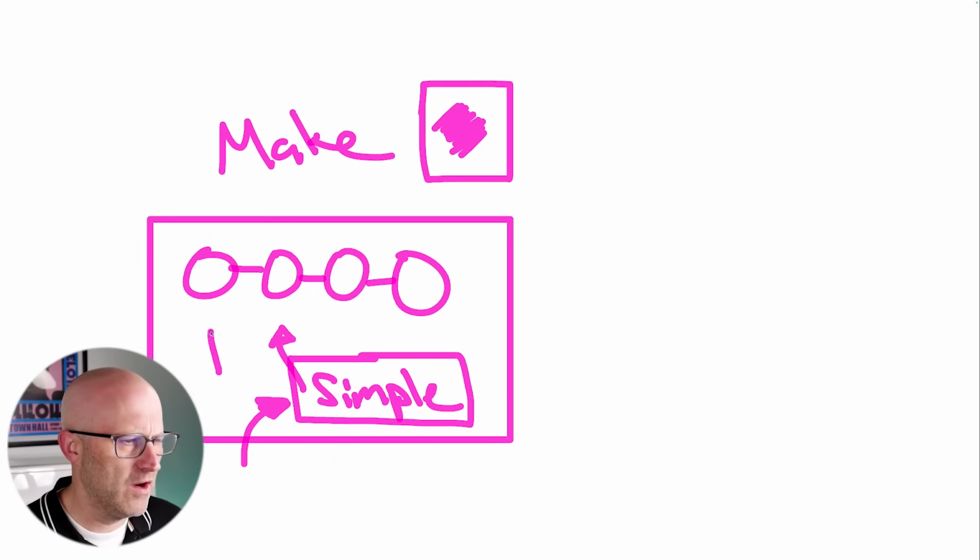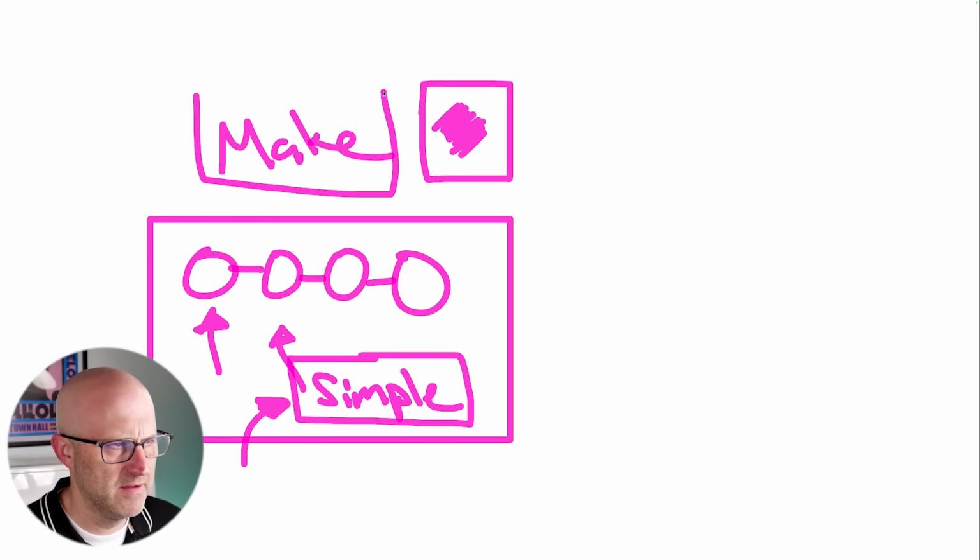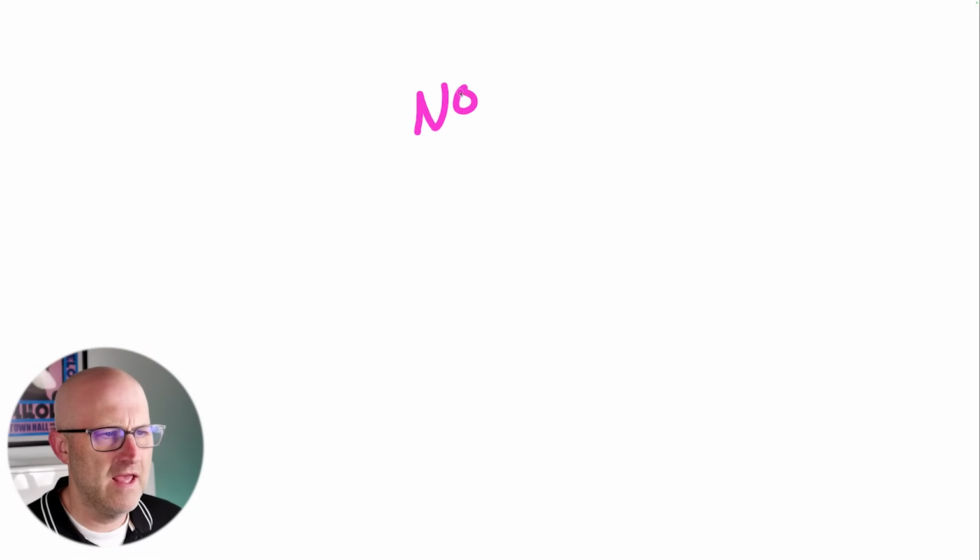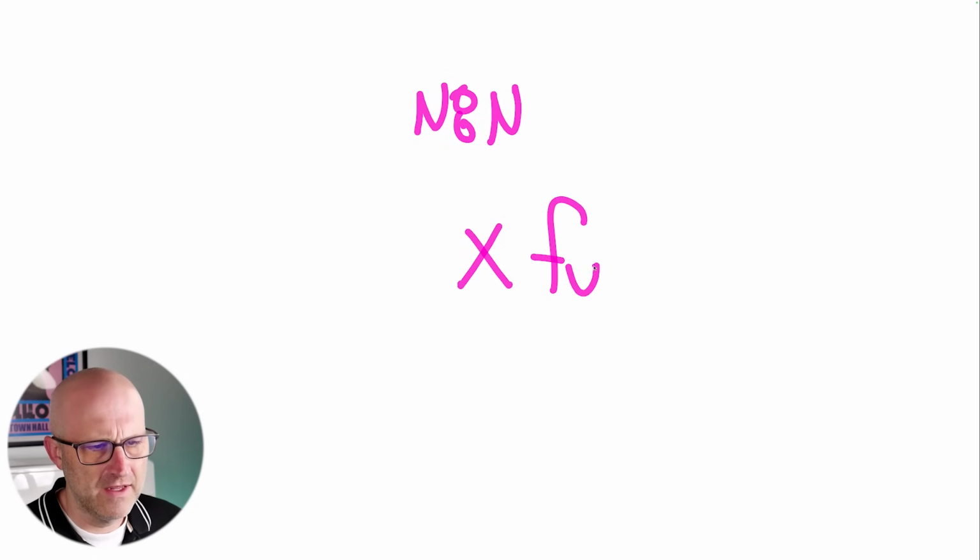Of course, we can always pretty much accomplish the same task in Make. But when it starts to get complicated and when we want to use some really advanced features or some more subtle features, they might not be available in Make because they are trying to keep it simple. Whereas n8n, I think they're trying to make it as simple as possible, but they are not going to sacrifice functionality.